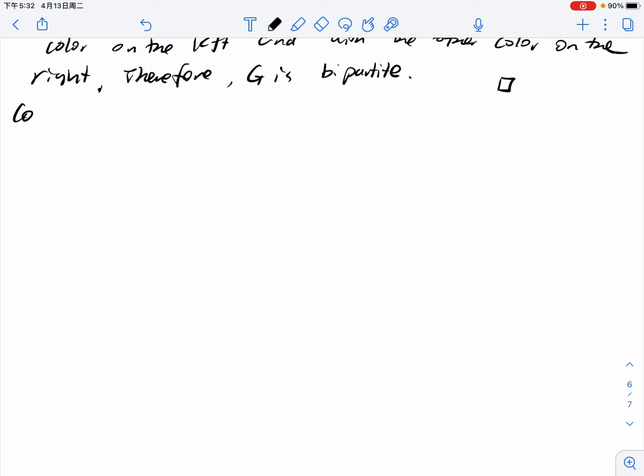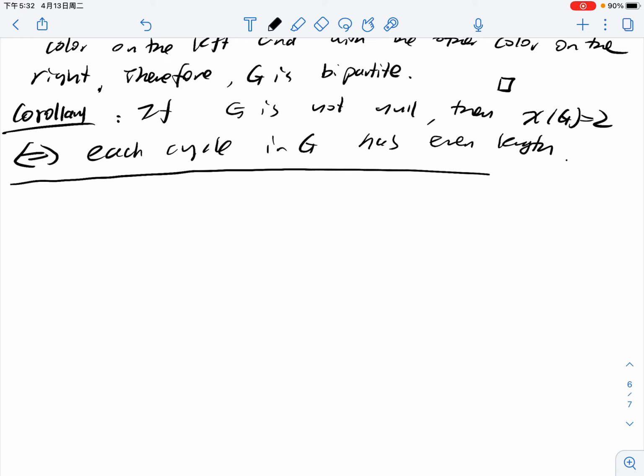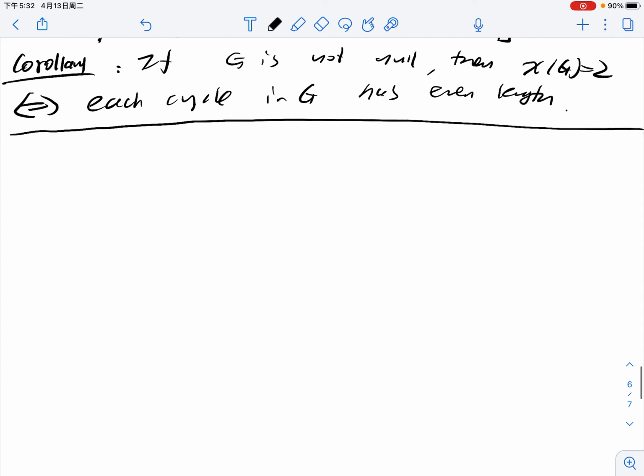Okay, so this is done, and then the immediate corollary is: if G is not null, then the chromatic number is 2 if and only if each cycle in G has even length. So this is a purely geometric characterization of the numerical quantity, chromatic number.